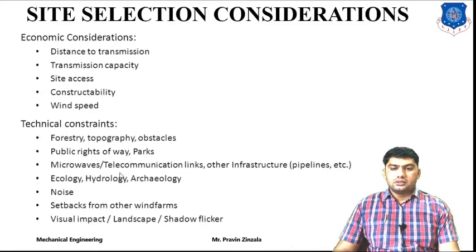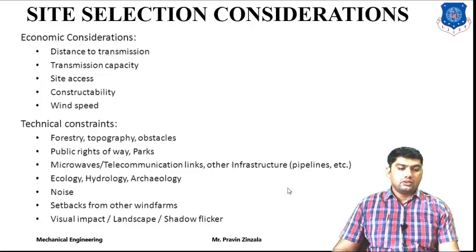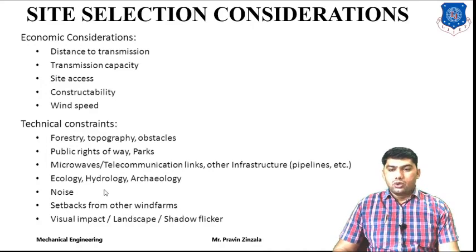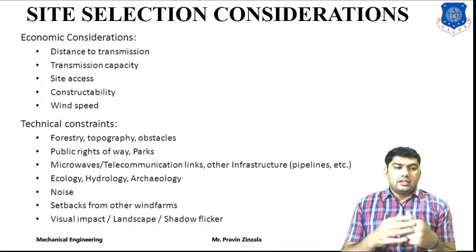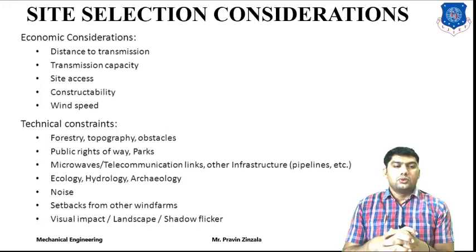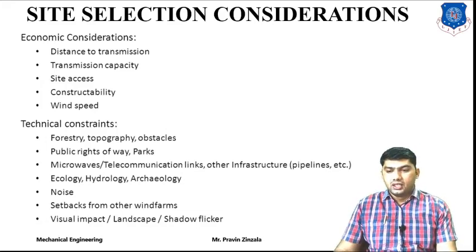Microwaves, or telecommunication links, and other infrastructure like pipelines will also affect the installation of a wind turbine. Then ecology, hydrology, and noise, because a wind turbine generates noise and creates noise pollution. So we also have to consider the noise of the wind turbine.